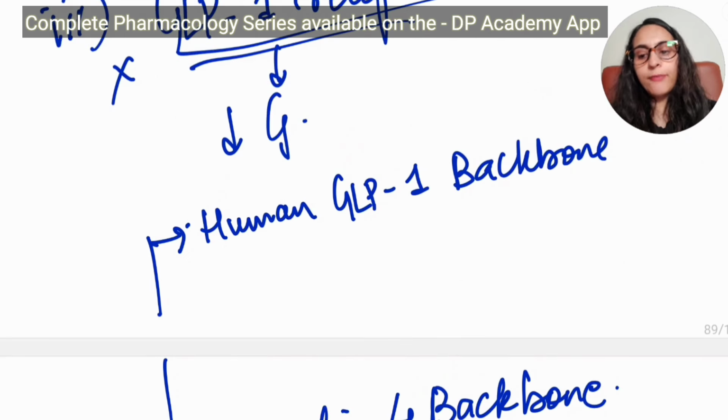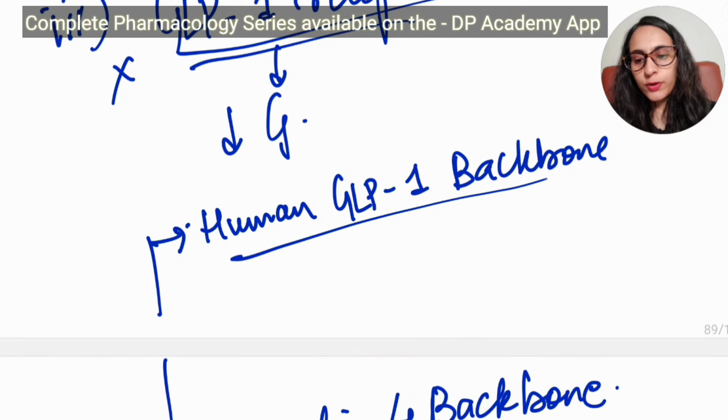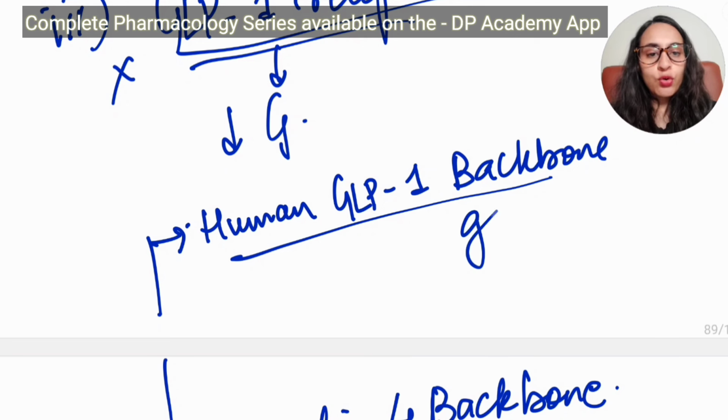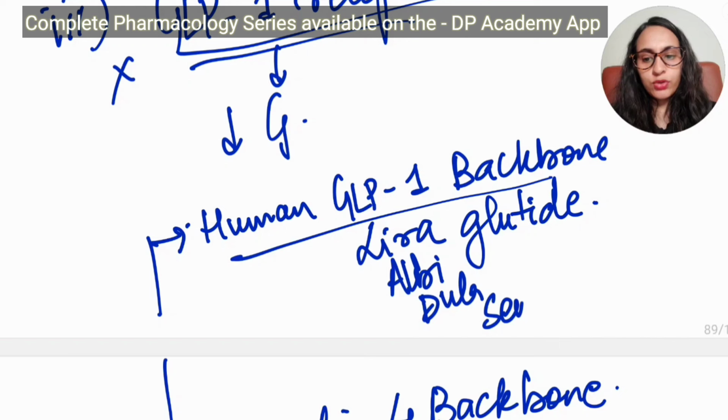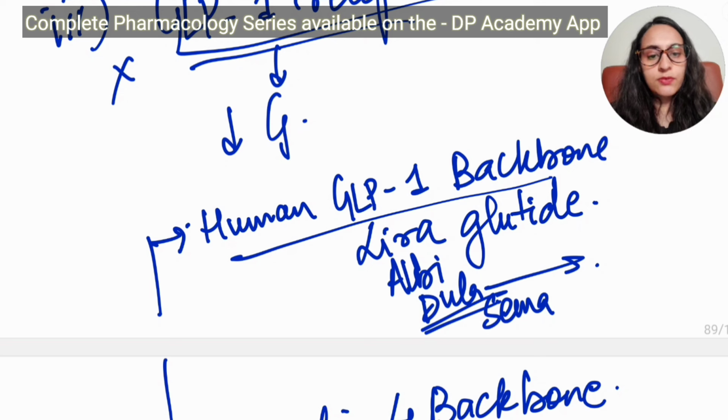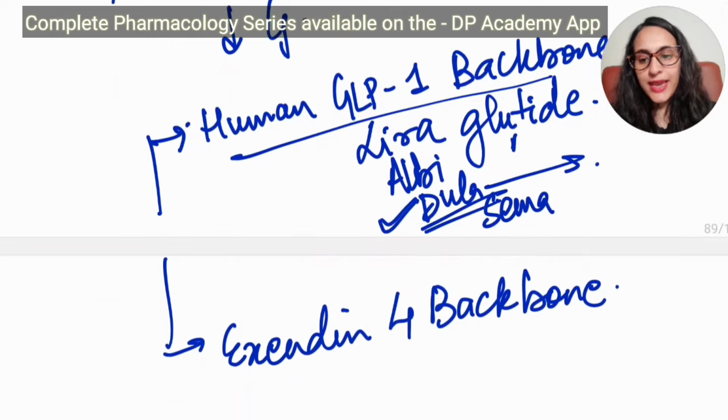The drugs derived from the human GLP-1 backbone end with glutide, like liraglutide, albiglutide, dulaglutide, or semaglutide. Semaglutide is the one approved for the management of obesity, since it also decreases the weight. So weight loss is again caused by it. So these are the human GLP-1 backbones.